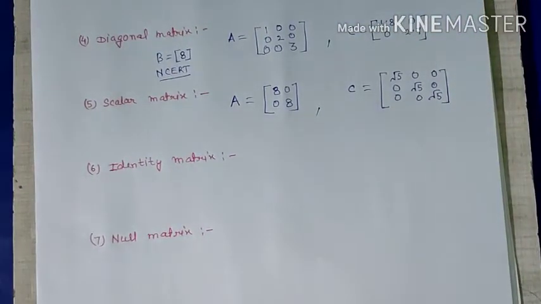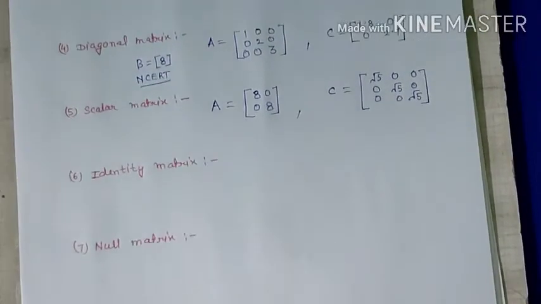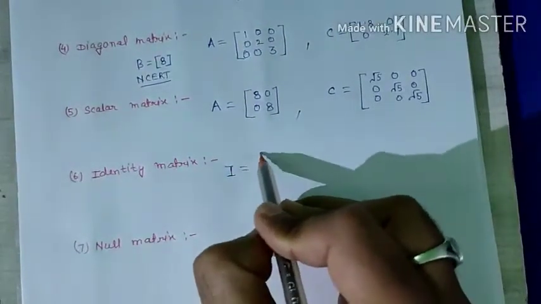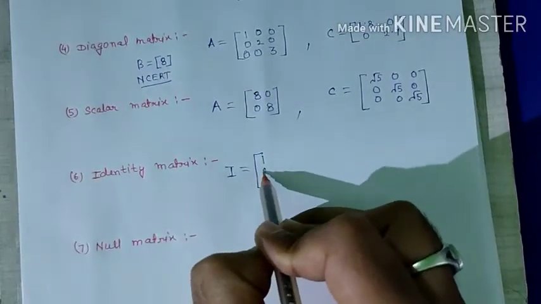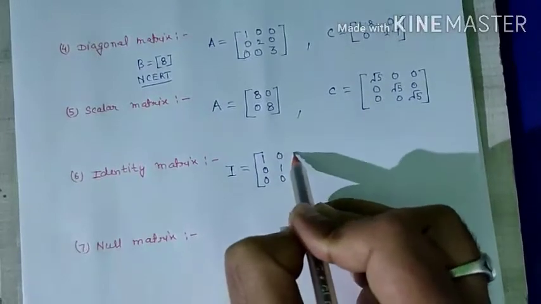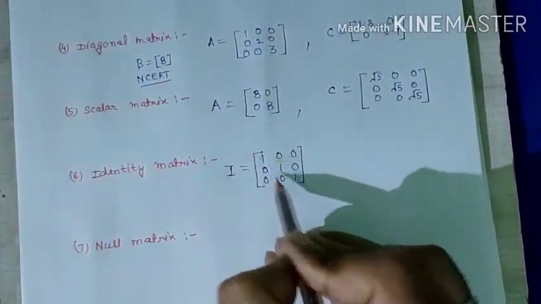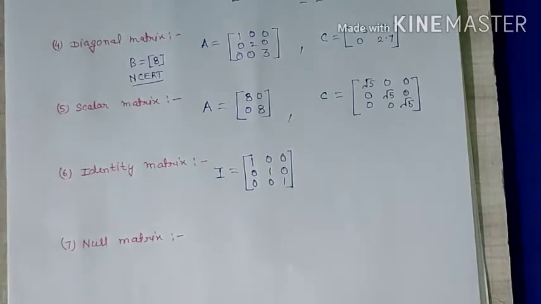Now the identity matrix. We represent the identity matrix by I, and in this you will have 1, 0, 0, 0, 1, 0, 0, 0, 1 as entries. Only 1 will be there on the diagonal, rest all elements will be 0.